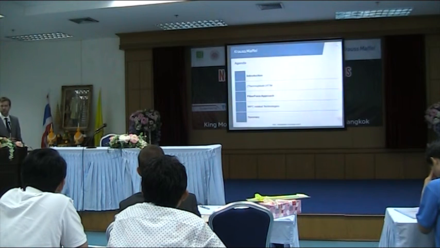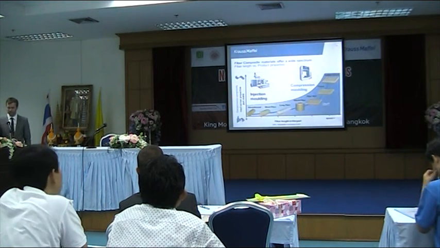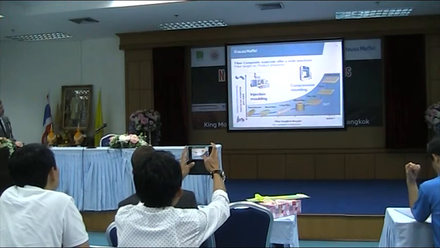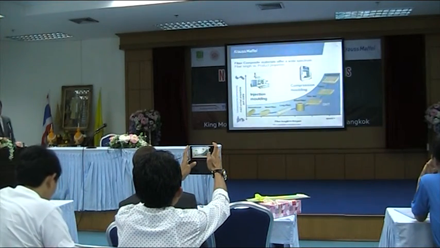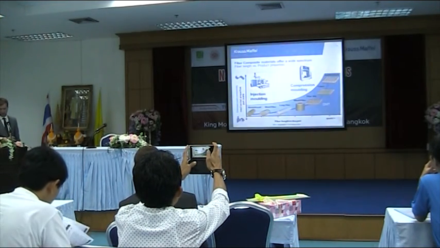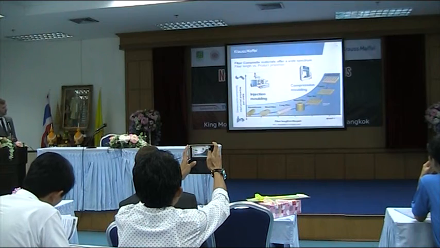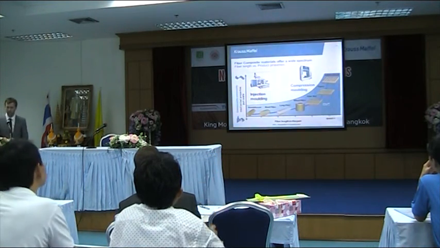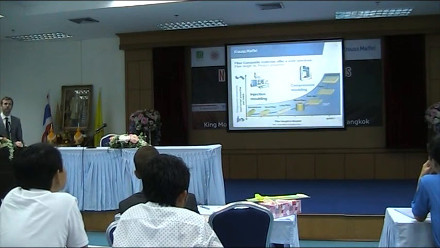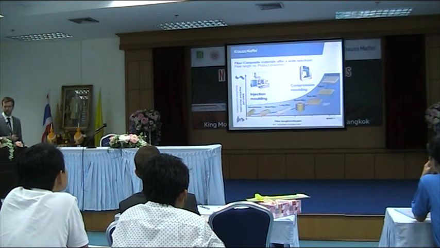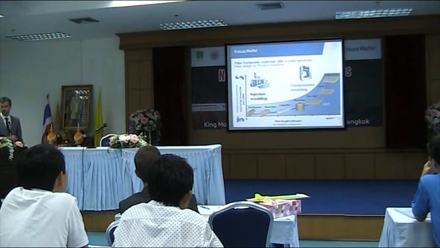Still, we try to improve, but I think this is one of the main future directions. So let's have a look at this chart. We have injection molding on the one hand, and compression molding on the other hand. In the previous speech, we heard a lot about injection molding and compression molding.